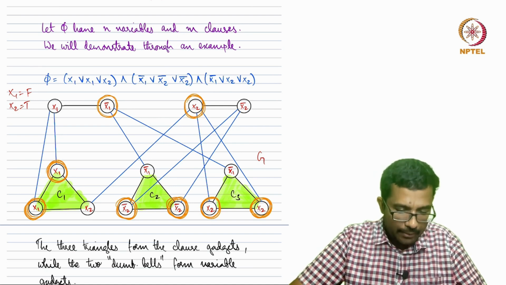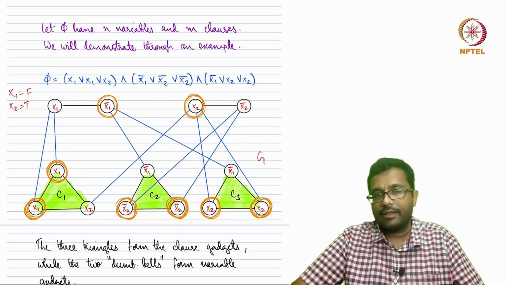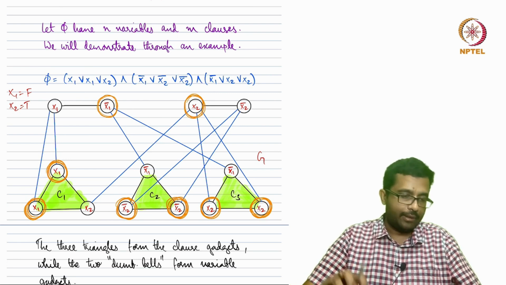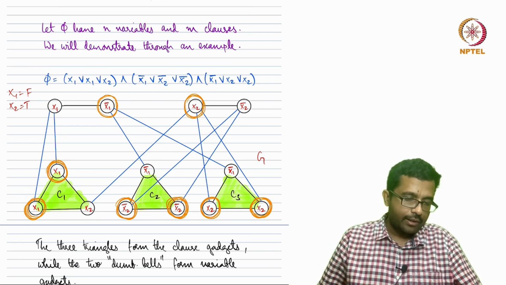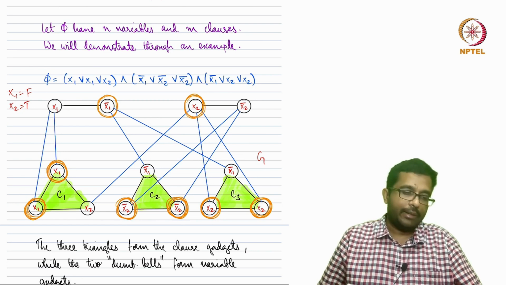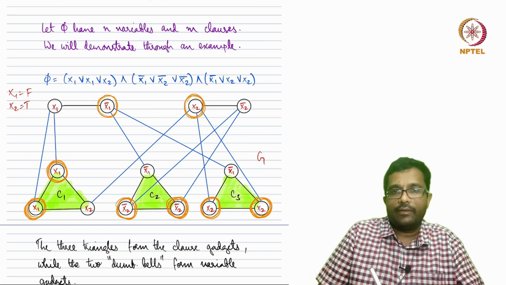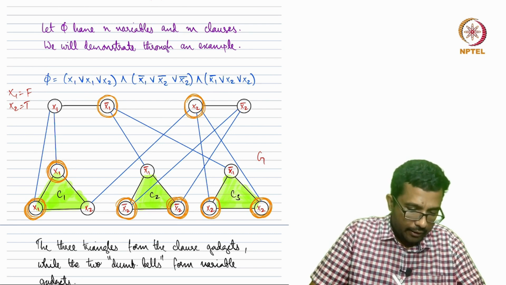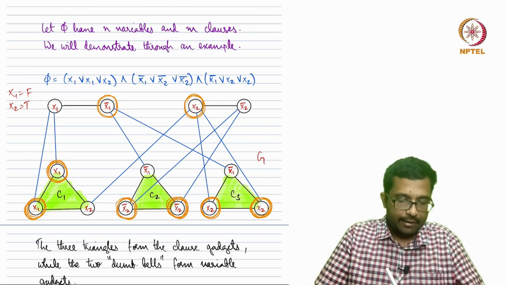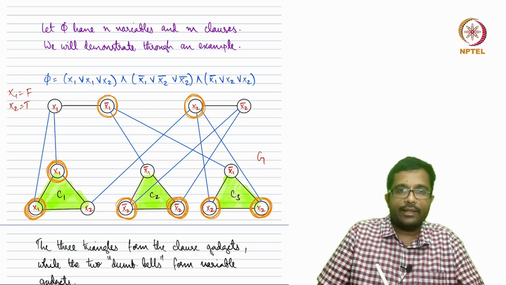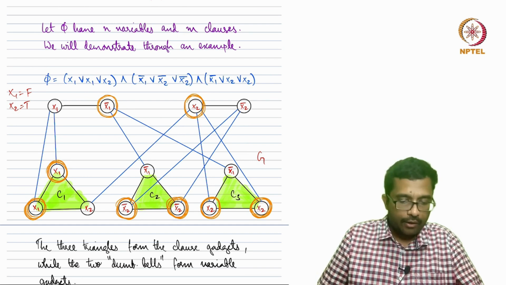Right? And the claim is that this graph has a 2m plus n vertex cover if and only if the formula is satisfiable. If the formula is satisfiable, we take the satisfying assignment and pick the true literal from each variable gadget, and this will set at least one literal from each clause to be true.